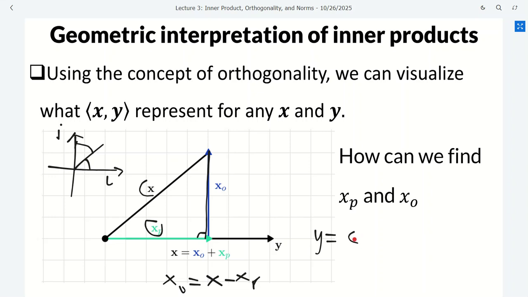Sorry, xp rather, not x. Let me correct it. So xp is equal to some scalar multiplied by y. The scalar that's going to multiply y is going to be less than 1, but not negative, right? Because it's going to shrink it.